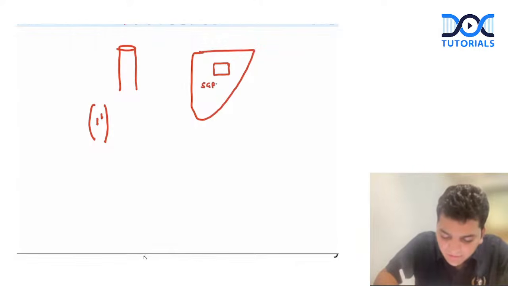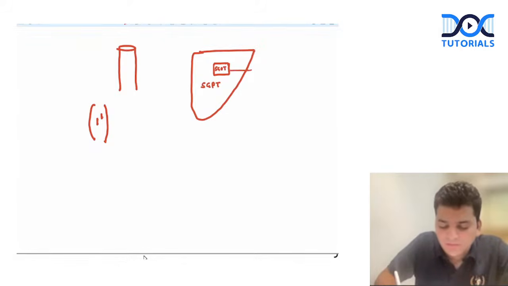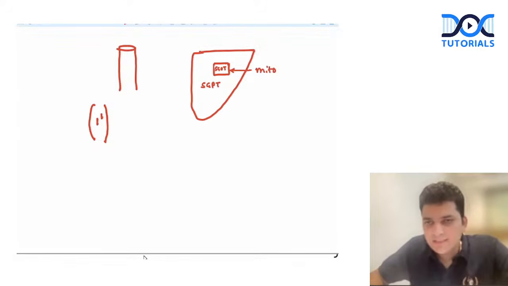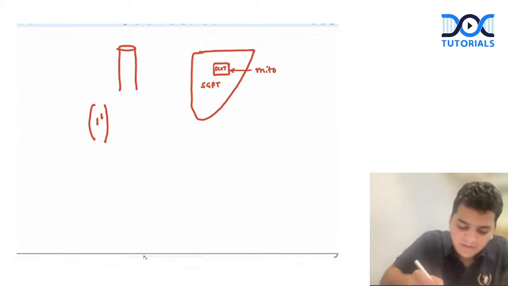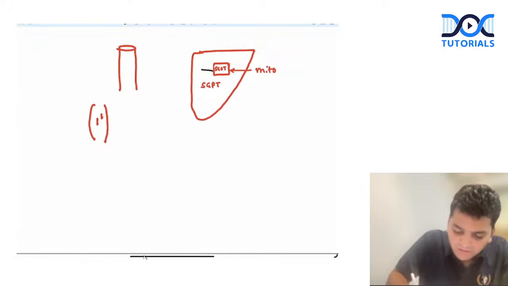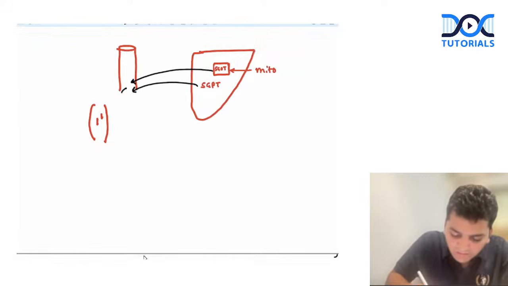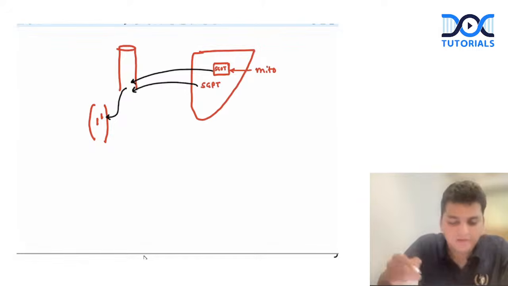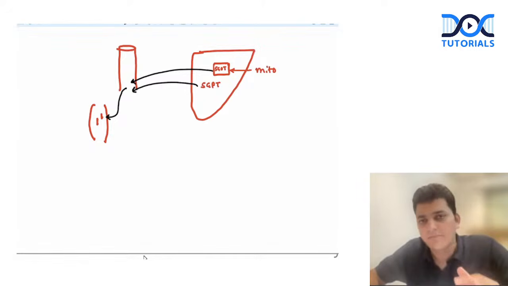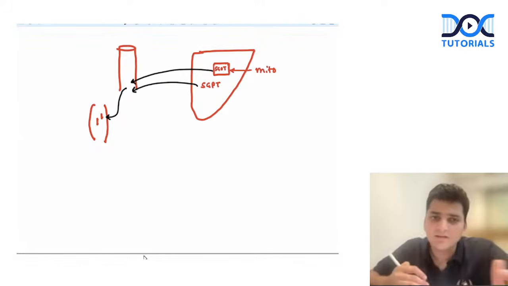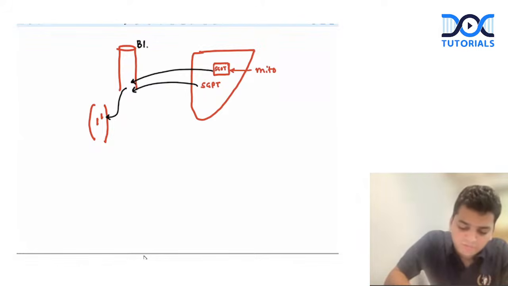The SGPT is made in the cytoplasm, and the SGOT is made in the mitochondria of the liver. Once these enzymes are made, they are transported to the blood, and then they go to the extrahepatic tissue and work there. So the enzymes are made in the liver, and then they work in the extrahepatic tissue.